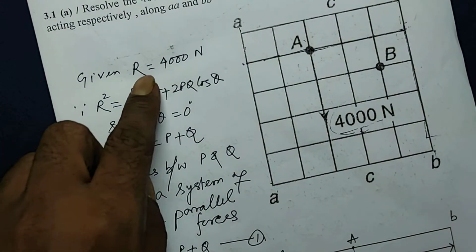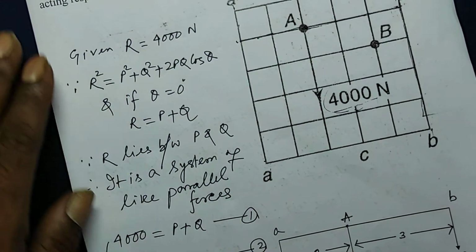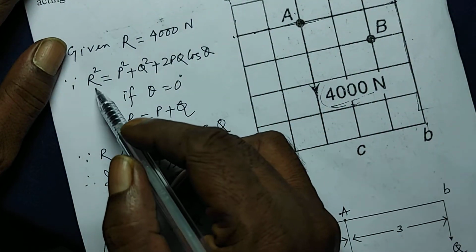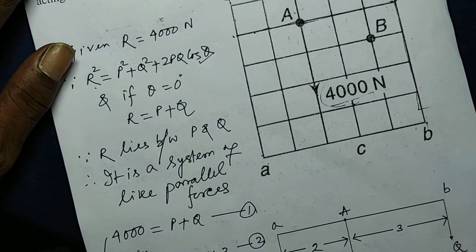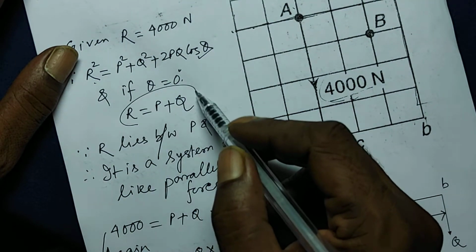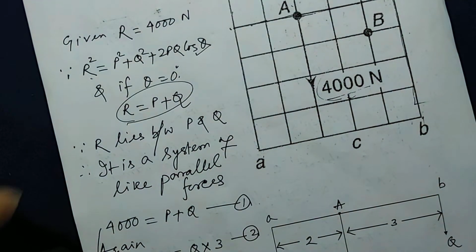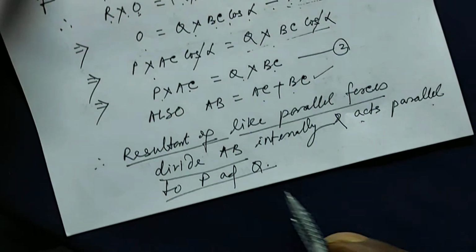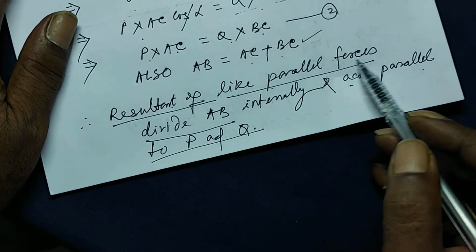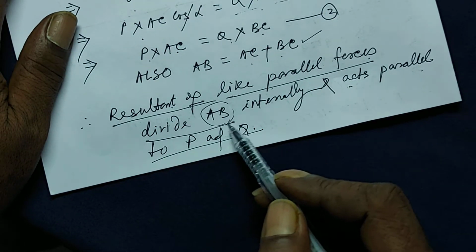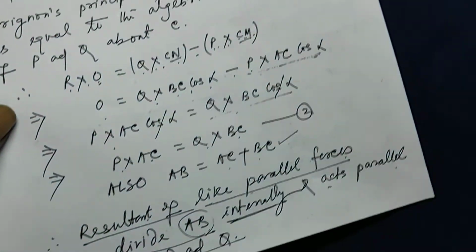Since R is given as 4000 Newton, and we know R square is this much, which I just explained, if theta is 0, R is equal to P plus Q. And I just explained the conclusion: the resultant of like parallel forces divides the line internally.